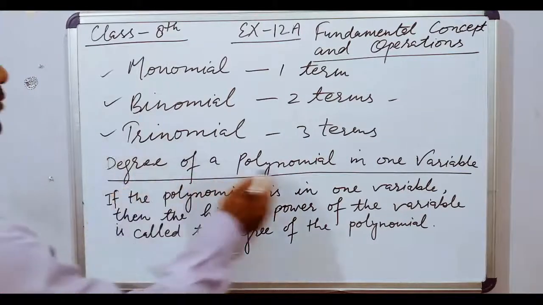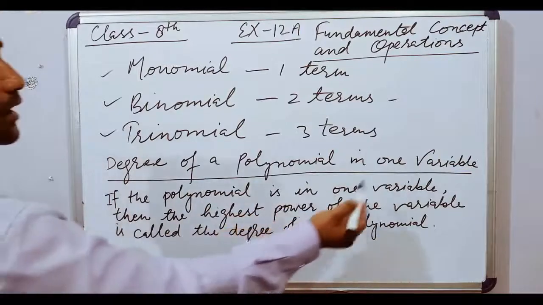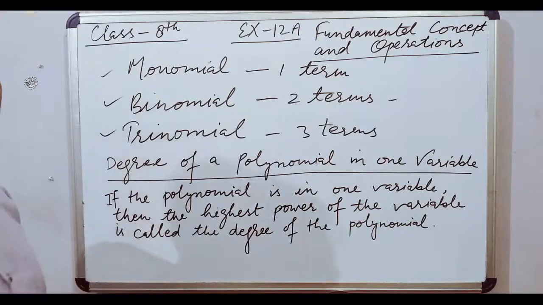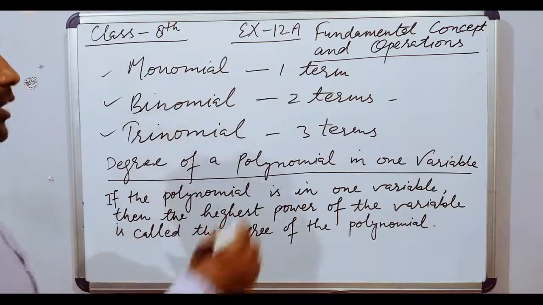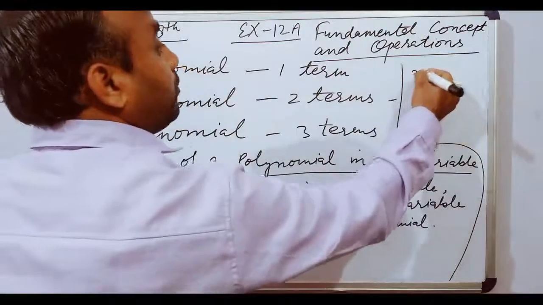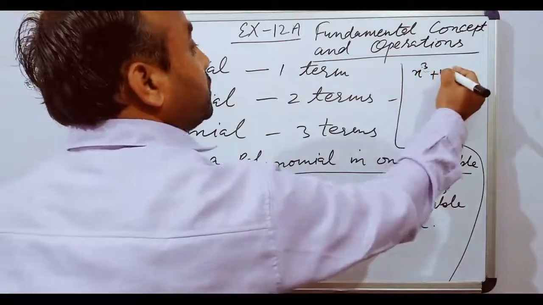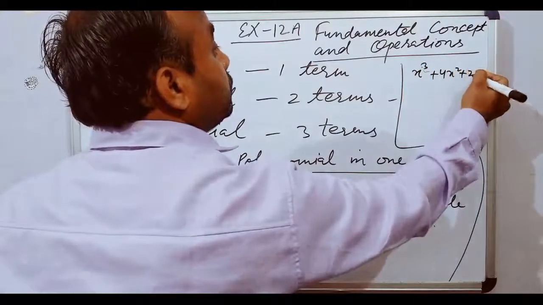Now, degree of a polynomial in one variable. If the polynomial is in one variable, then the highest power of the variable is called the degree of the polynomial. For example, x to the power 3 plus 4x square plus 2.